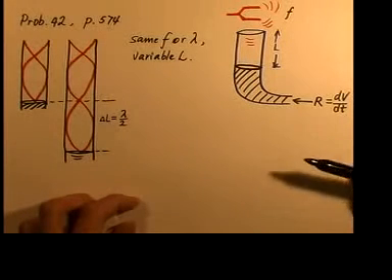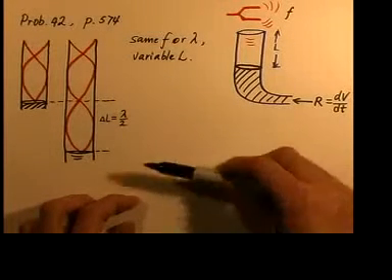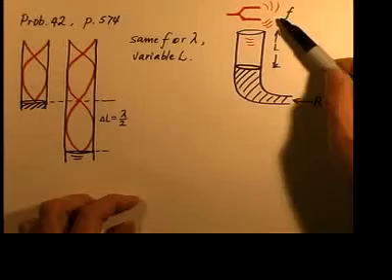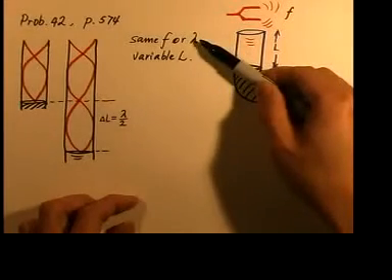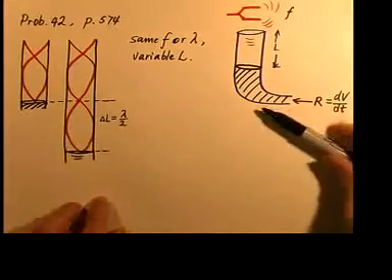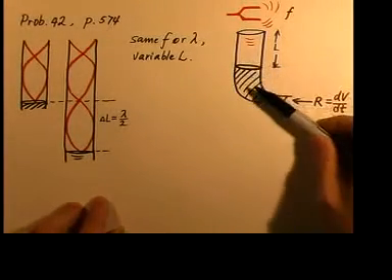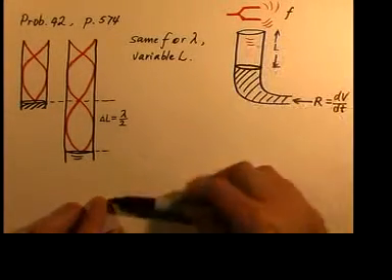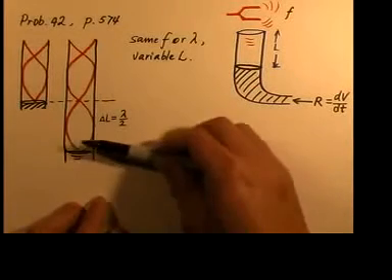Now remember, this time the situation is different. We have a fixed frequency and therefore a fixed wavelength for the sound, but we have variable L, variable length. As water is being added, the length shrinks, right? As the length shrinks, it's going to pass through successive resonances.